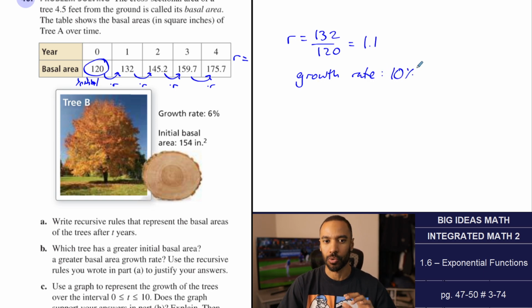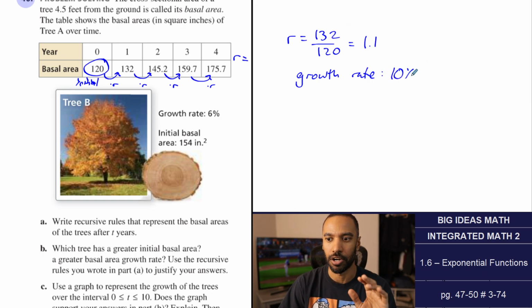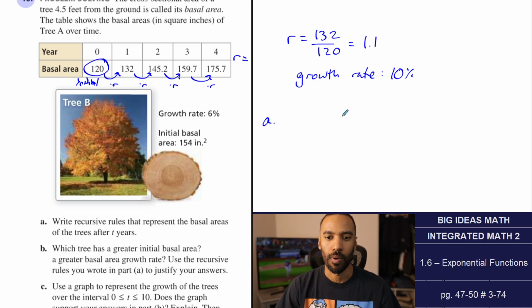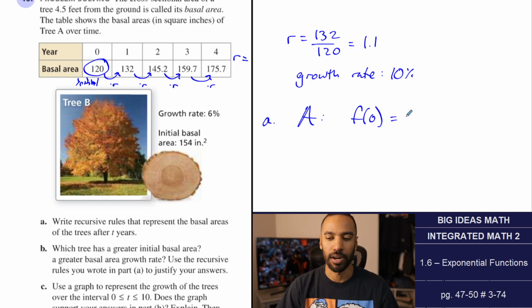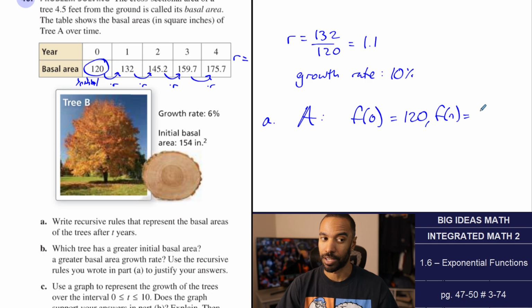Sorry, I have two different screen things going on here, so it's hard to remember what's where. So for tree A, we have an initial value of 120, and then each successive basal area after years, you take 1.1 and multiply by that.